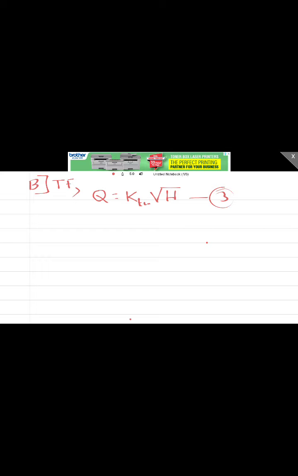Now the resistance of turbulent flow, RTU, will be dH by dQ. Say this is equation number 4.